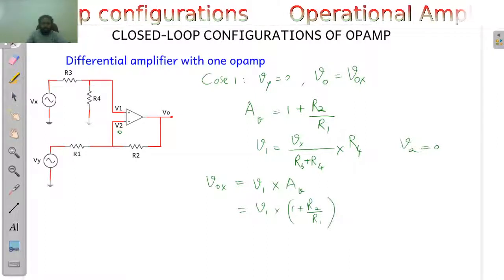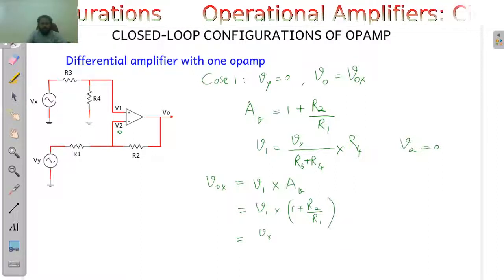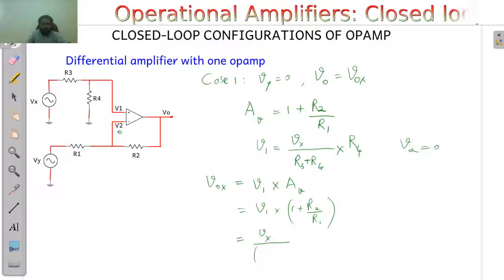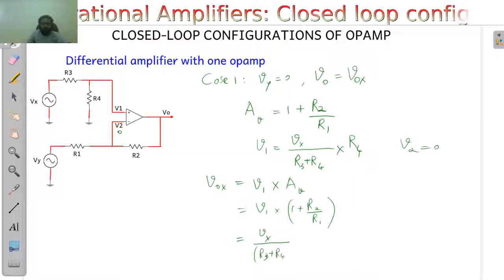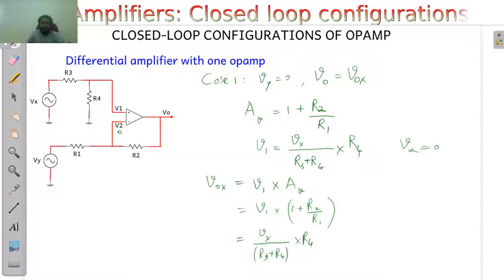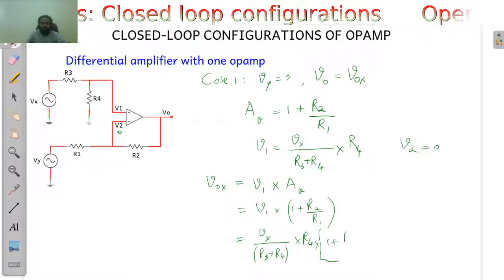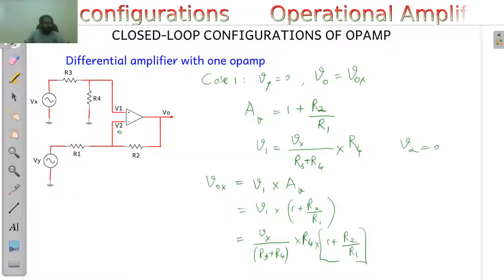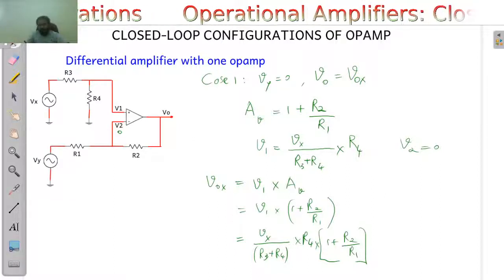Substituting for V1, you get Vx divided by R3 plus R4, times R4, times 1 plus R2 by R1. Alright, so this is your equation for Vox.